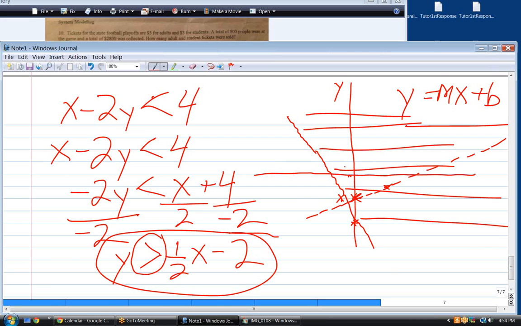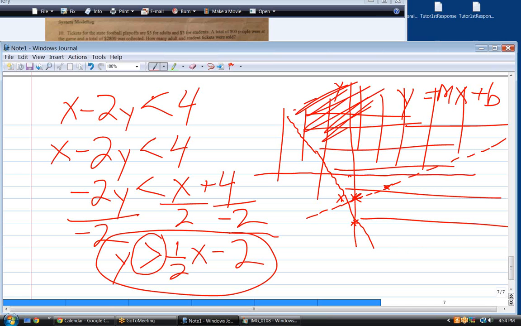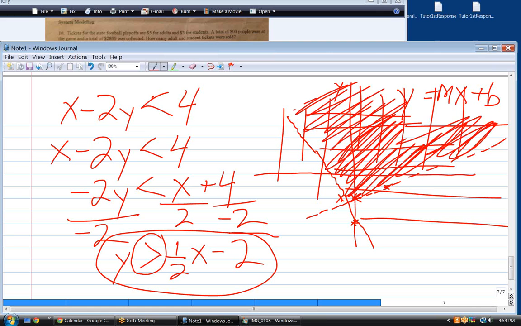So I'm above this line, so any area here. So in other words, if I was going to shade everywhere above that line, there's my shading, and my result is only the area where both are shaded. All of my solutions have to lie in that area.